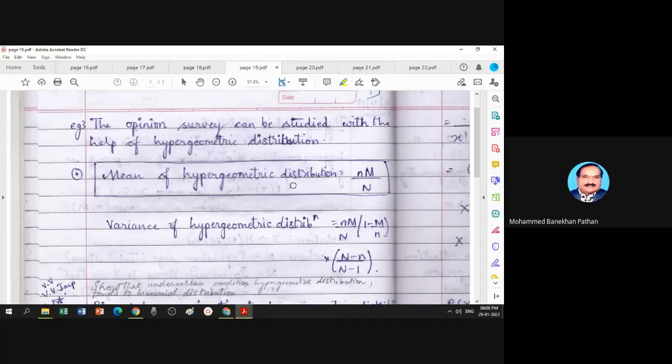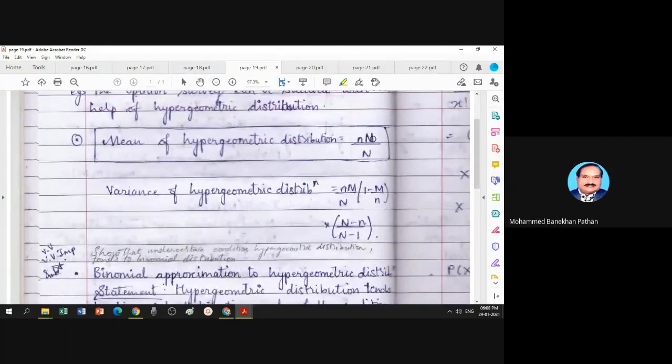So the mean of the hypergeometric distribution is small n multiplied by capital M divided by capital N. This much you have to remember.